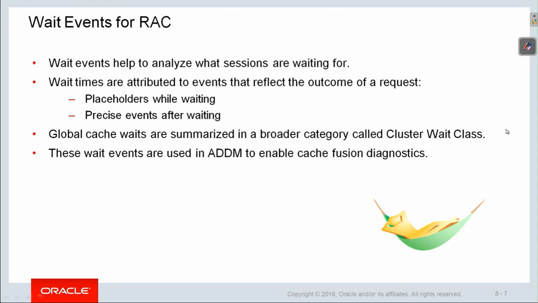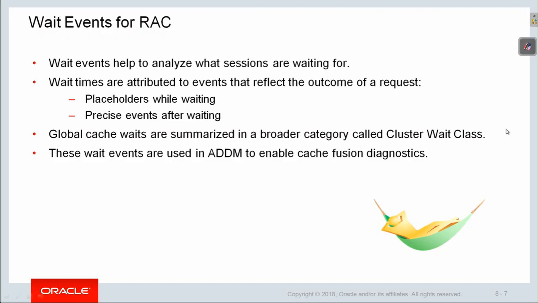In a RAC environment, there are two types of wait events. One is a placeholder wait event while waiting, and a precise event after waiting. So initially, when a RAC session requests a resource, this session doesn't know how long it takes to get the resource. So until the operation is done, Oracle will simply use a placeholder wait until the requested job is done.